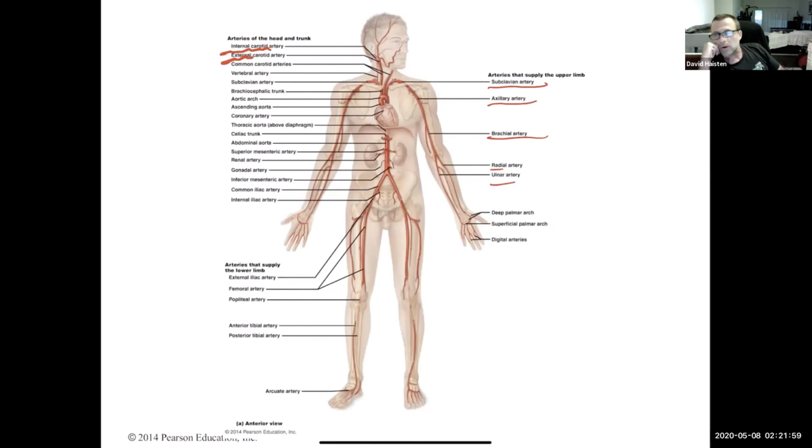The vertebral artery heads on up through the transverse foramina of the cervical vertebrae and heads on through the foramen magnum, I'm pretty sure, I'm hoping, and goes to the back part of your brain. So the carotid arteries are going to the temporal lobes and frontal lobe, and the vertebral arteries head on up through your foramen magnum. They travel through the transverse foramina and then head through the foramen magnum.